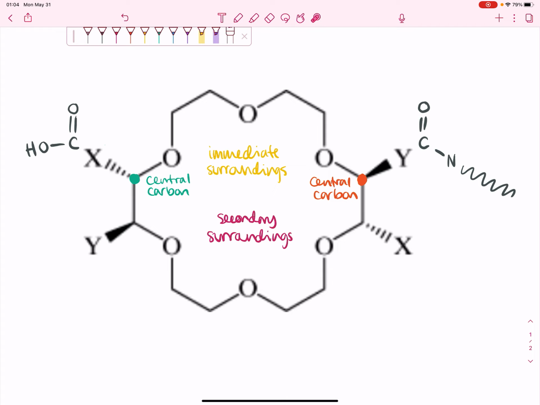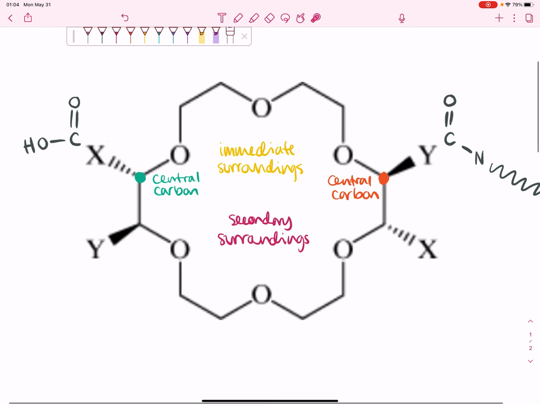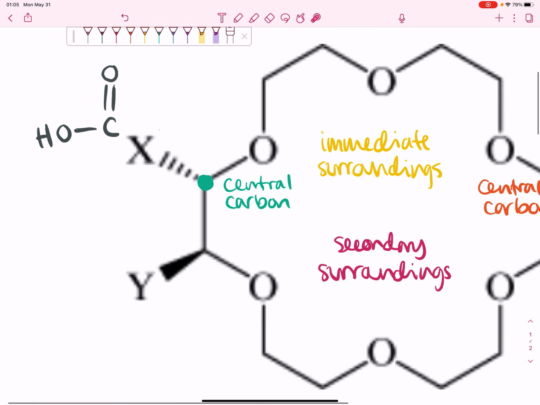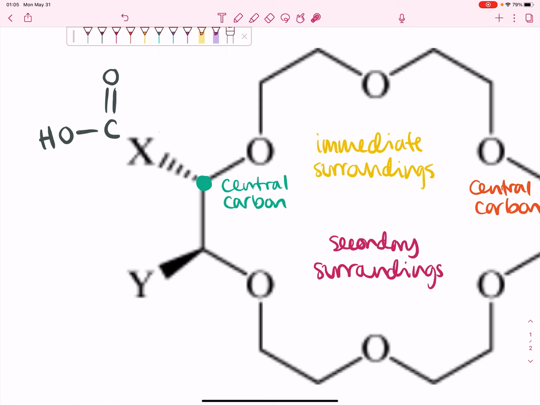Alright, let's start with the green carbon first that's attached to the X substituent. I've done some color coding here, so we're going to be labeling the immediate surroundings and secondary surroundings. So we have our central carbon here, and first things first, we have to see what's immediately surrounding it.